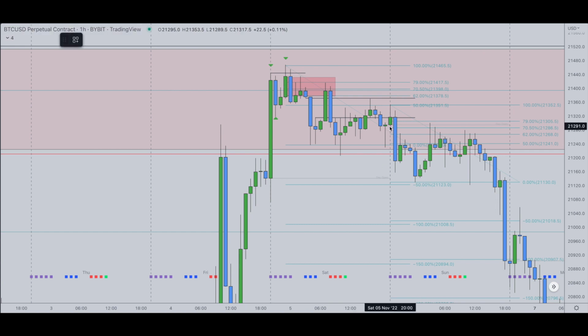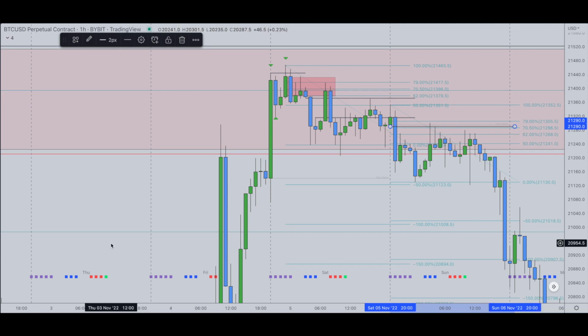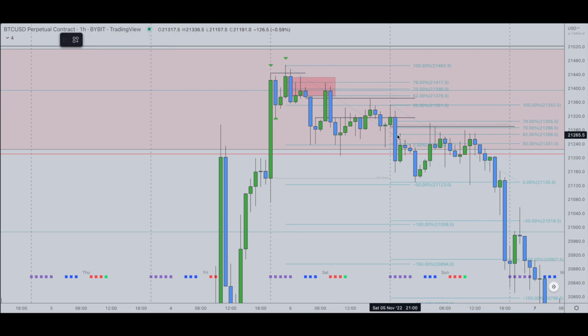What is this? From this candle's low, extend that out to this candle's high. Same thing. Fair value gap coupled with, what is this? Bearish order block. As we can see, price comes into that, is respecting the fair value gap.